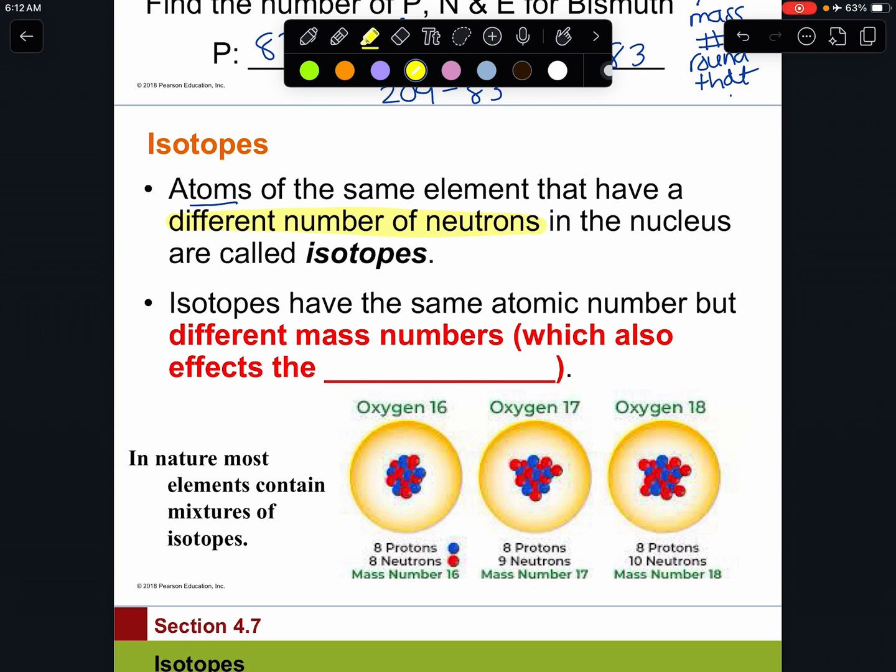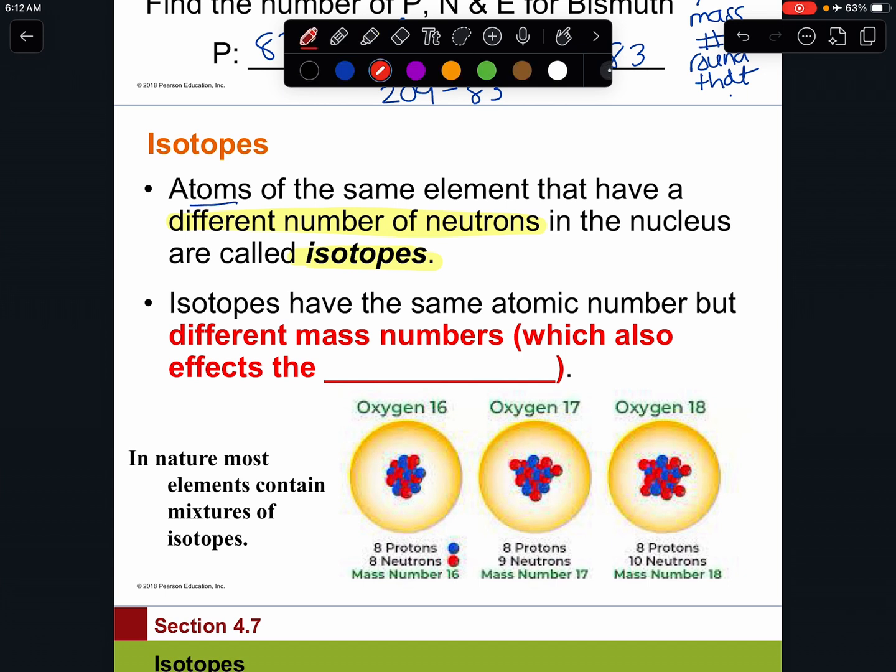When the number of neutrons is different than on the periodic table, we call that an isotope. And isotopes are very common. You use isotopes of carbon for radioactive dating, to determine how old fossils are and things like that. So isotopes are very common in our world, and they're used for a lot of different things. Again, they have a different number of neutrons.